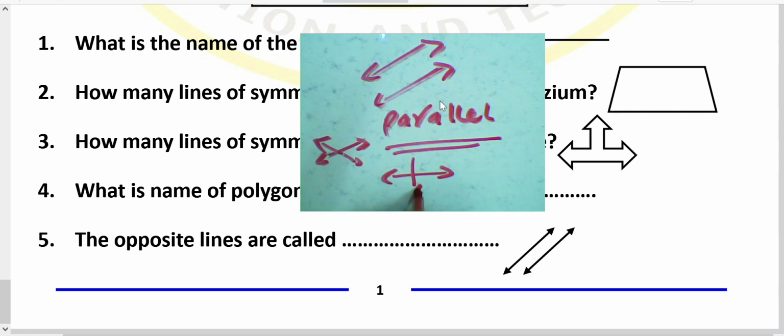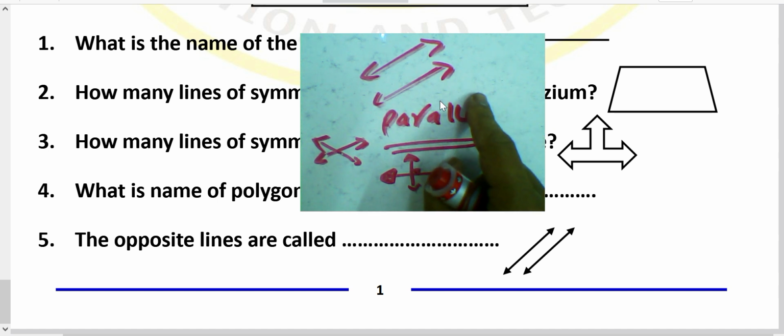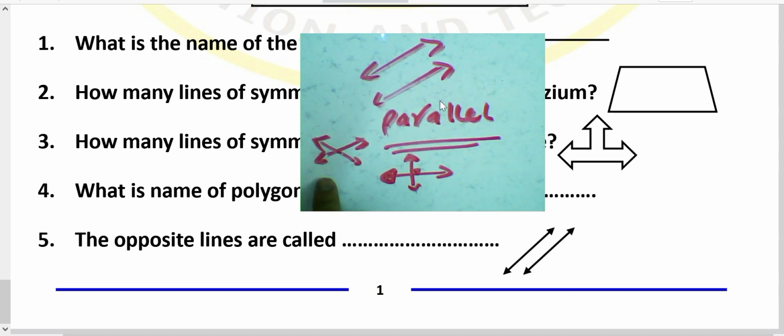If two straight lines intersect and the angle between them equals 90 degrees, we call them perpendicular. So we have 3 types of relation between two straight lines: parallel, perpendicular, or intersecting. Then the result here will be parallel.